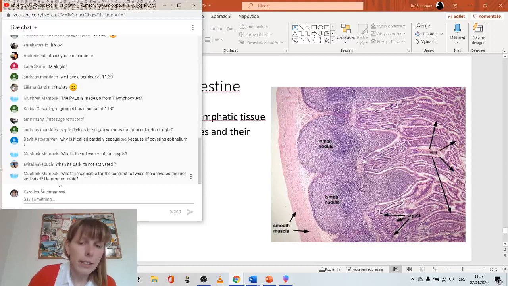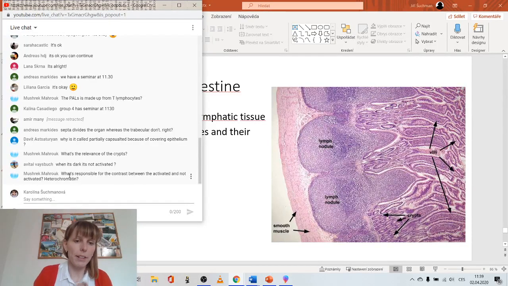And the reason for it being lighter is simply that more cytoplasm of the cells and less densely packed lymphocytes, because the lymphocytes are just nuclei, a tiny bit of cytoplasm. So when it's the activated center, you have antigen presenting cells, so more cytoplasm of those.